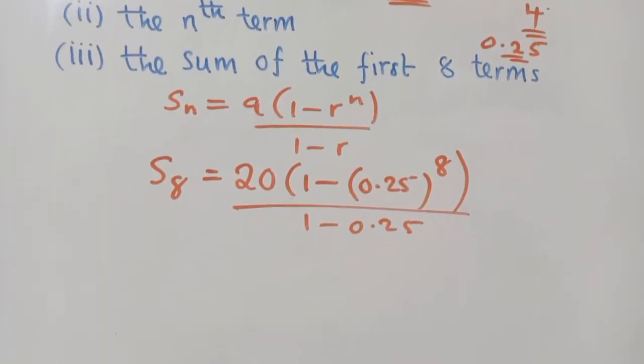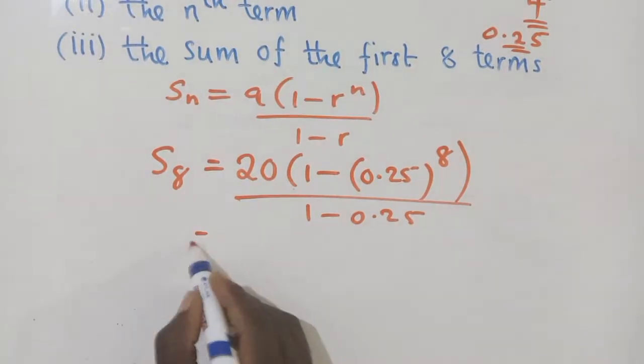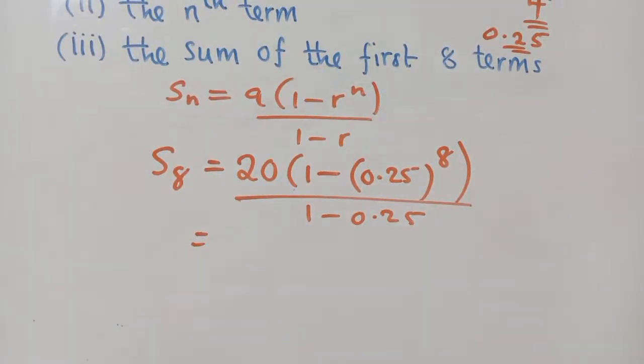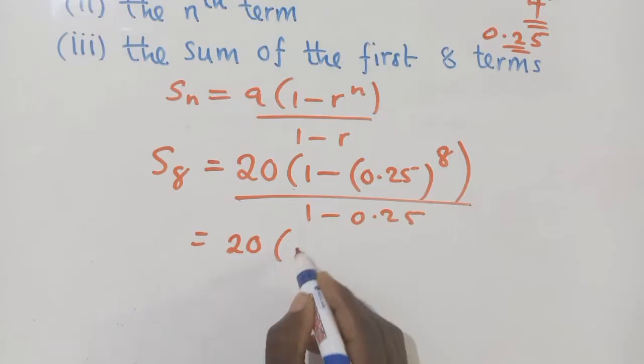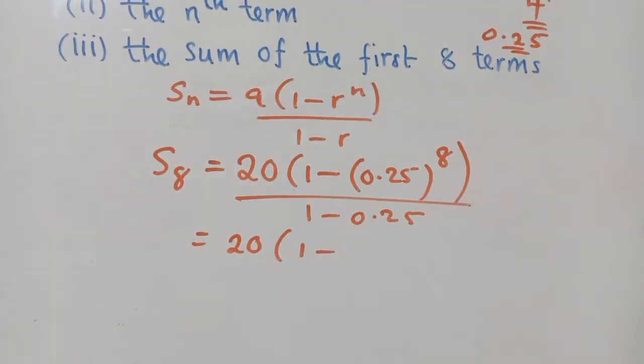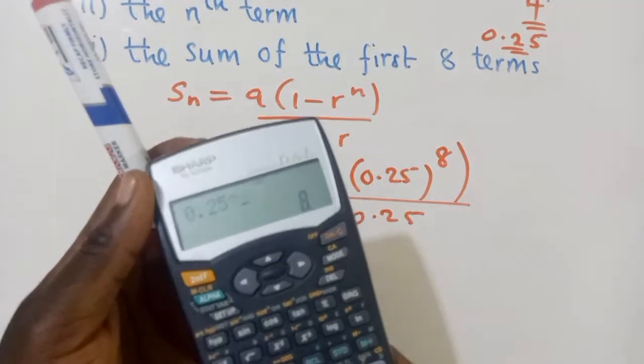So now, here, we can work out things. You get your calculator. You are allowed to use the calculator for this question. For paper 2, you are allowed to use the calculator. So you just say 0.25 power 8. This is the calculator I'm using.